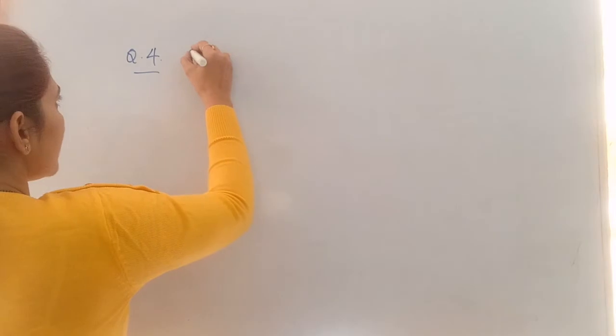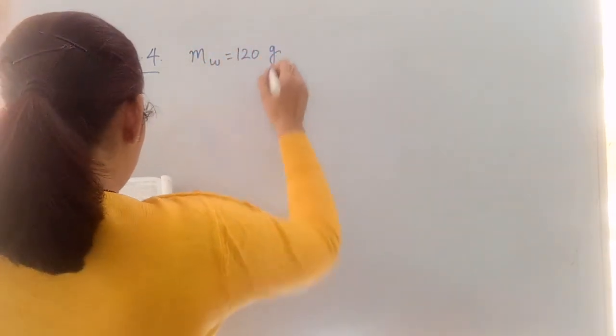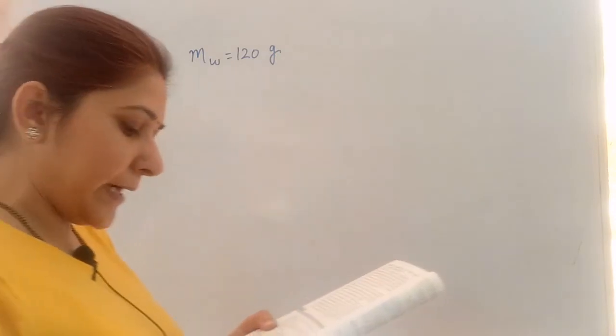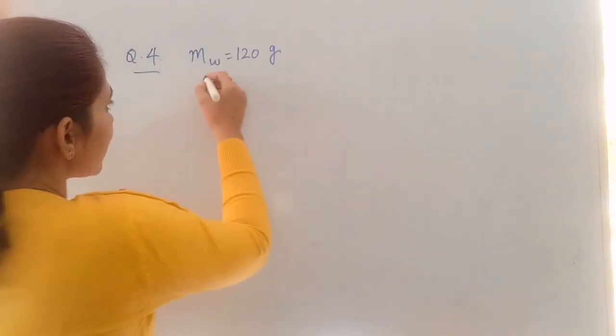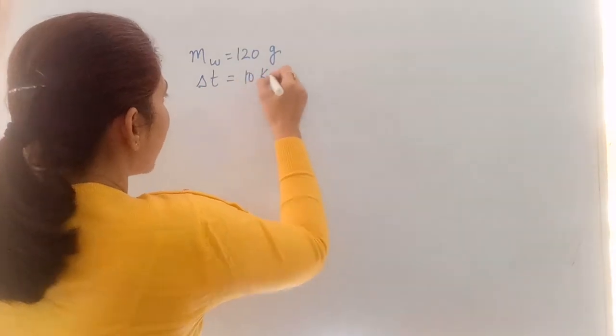So I'll be reading out the fourth one from your book. Some heat energy is given to 120 grams of water. The mass of water given to you is equal to 120 grams, and its temperature rises by 10 Kelvin. That means rise in temperature, delta T, is 10 Kelvin.